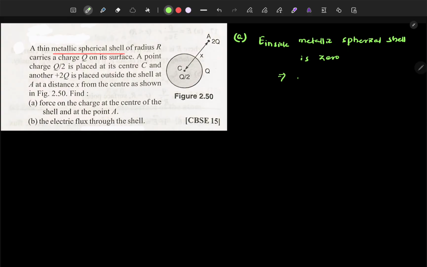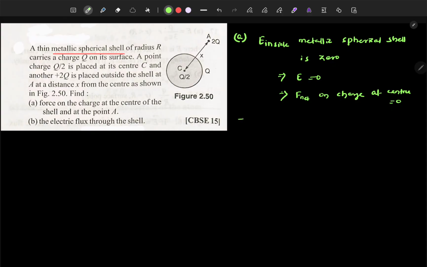So as E equals 0, the net force on the charge at the center will be equal to 0. Net intensity is 0 inside the shell, so net force will also be 0.